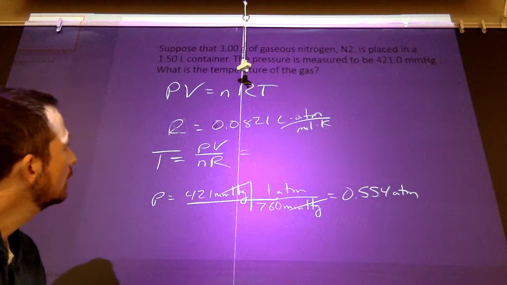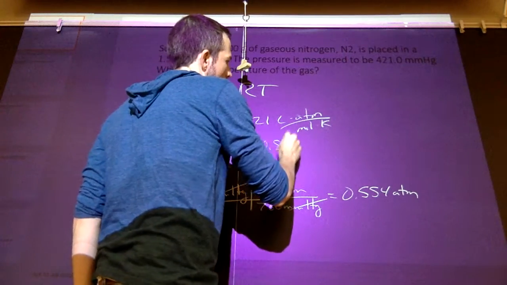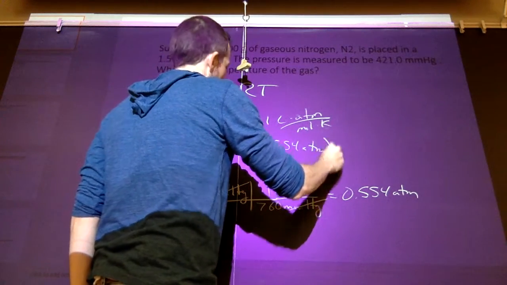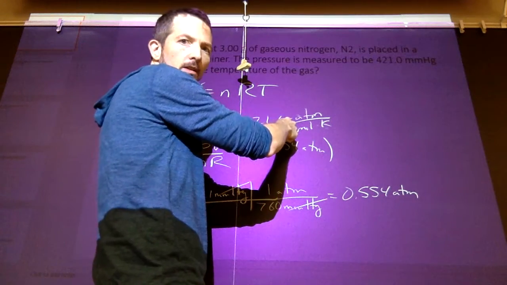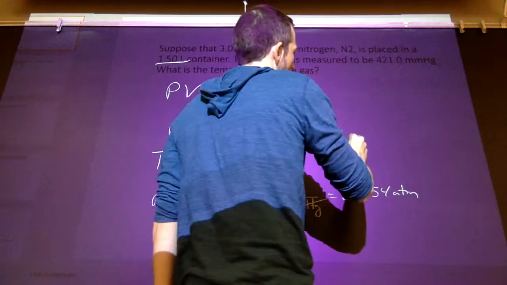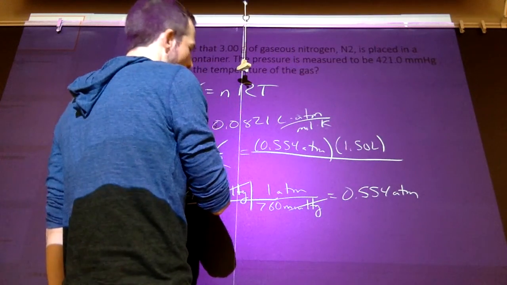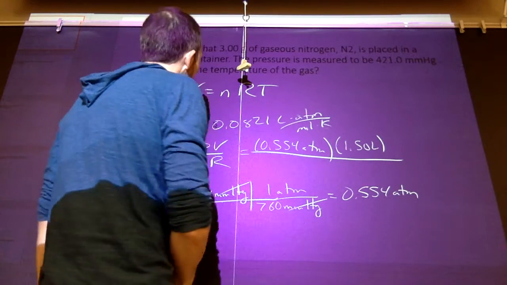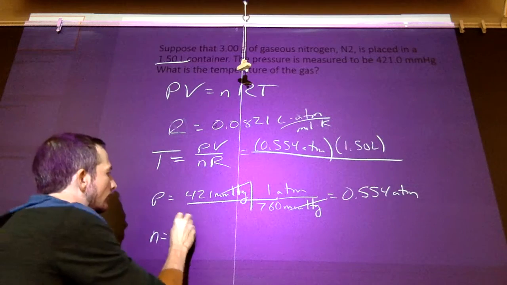Volume is 1.5 liters. Liters is in my gas law, so that's fine. Now the number of moles. I'm given 3 grams of nitrogen.